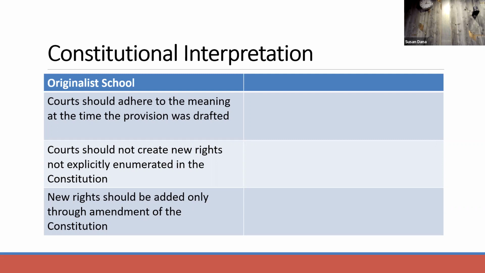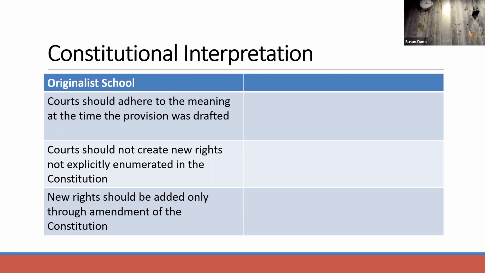Because if you allow justices to do that, then there are no guardrails on what justices can make up and just kind of put in the Constitution because that's what they want to be in there. So the idea of the originalists is, in order to ensure that courts interpret the law rather than make the law, there have to be some guardrails on the justices, and those guardrails are the Constitution, interpreted as it was intended at the time the particular provision was written and approved.